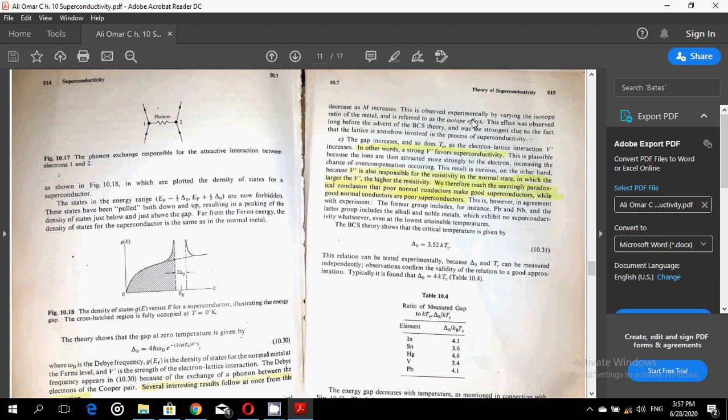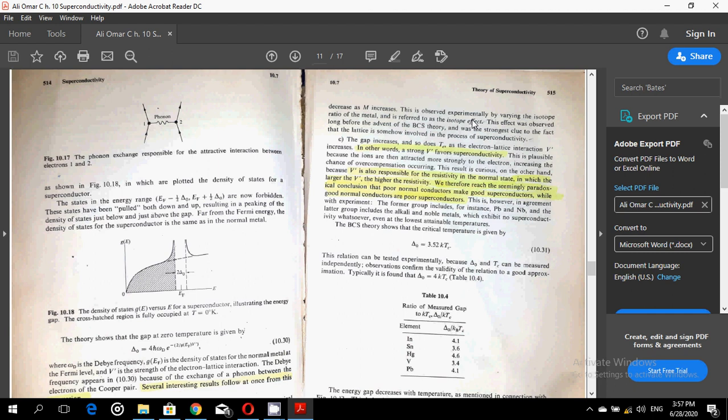The energy gap can be determined experimentally by any of several methods. One involves infrared absorption. If a beam of infrared light shines on a superconductor at very low temperatures, absorption of infrared radiation takes place only when the frequency of the radiation is sufficiently high that a Cooper pair is excited across the gap, that is, h cut omega is greater than 2 delta naught.